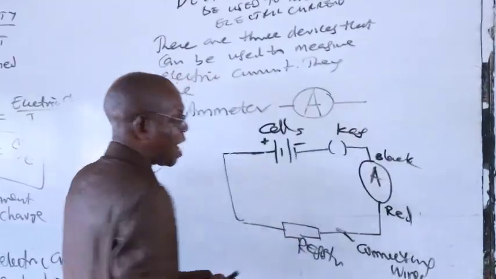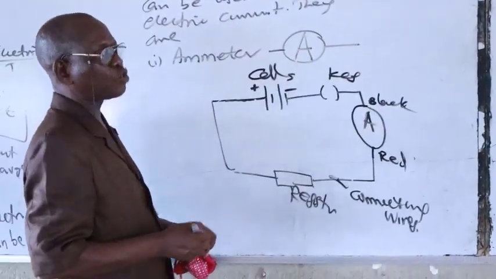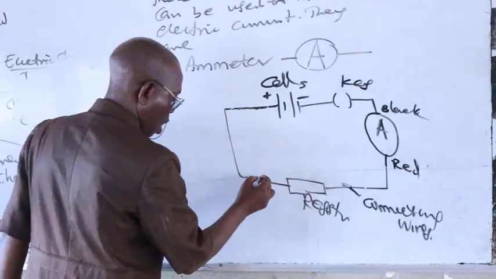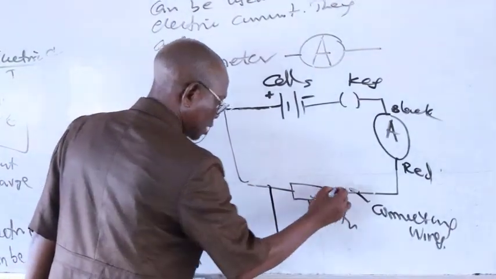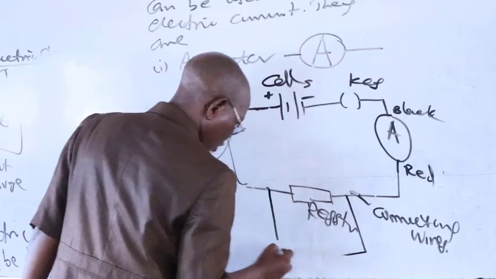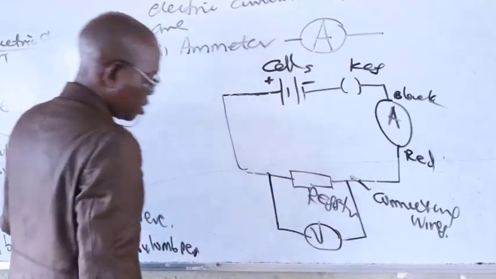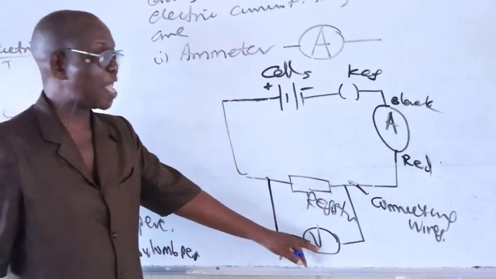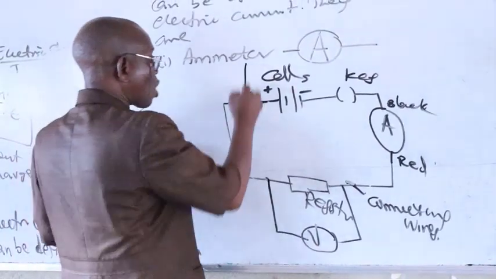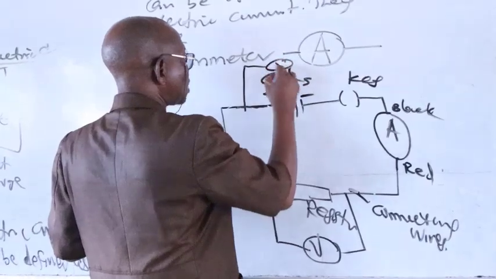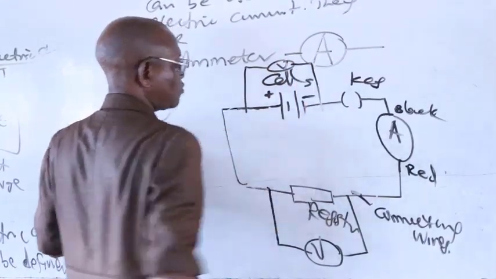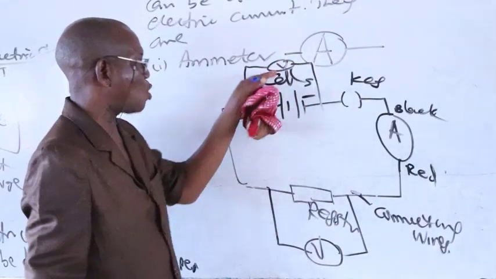What do we call parallel arrangement? If you want to connect the voltmeter, we get to that one. The voltmeter will be connected across one of the components. It may be here, it may be connected across the cell. Is it here or here?